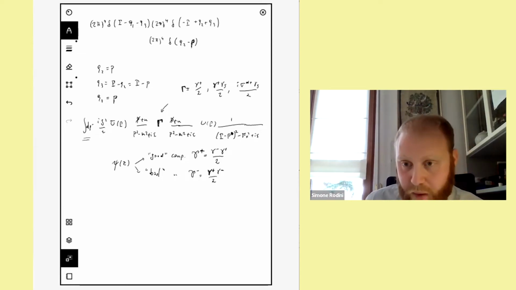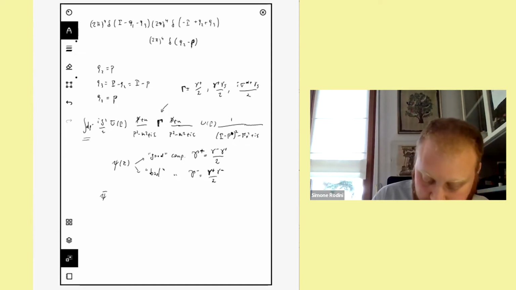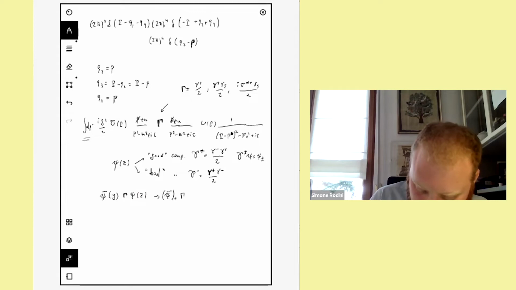So in this case, you can convince yourself that if you take something that looks like psi bar of y, one of these gammas, psi of z, this is equal to, let's say that P plus minus acting on psi gives you psi plus minus, psi bar plus component, gamma, psi plus.